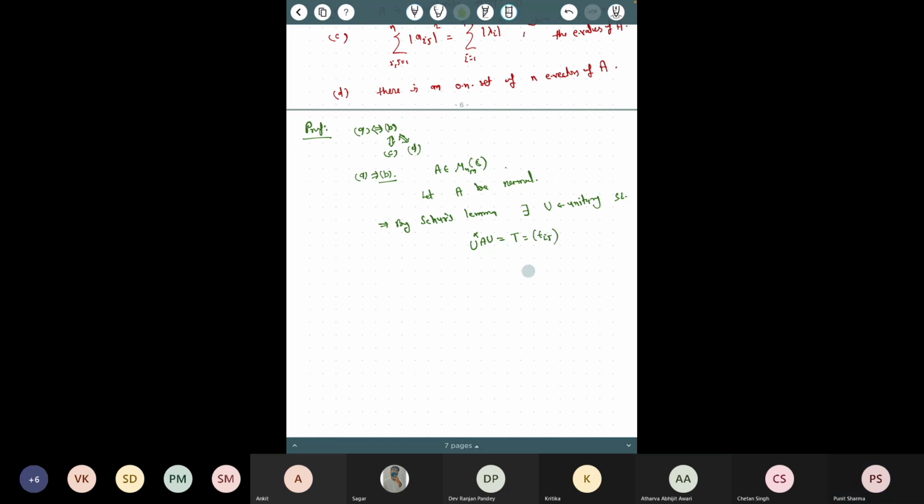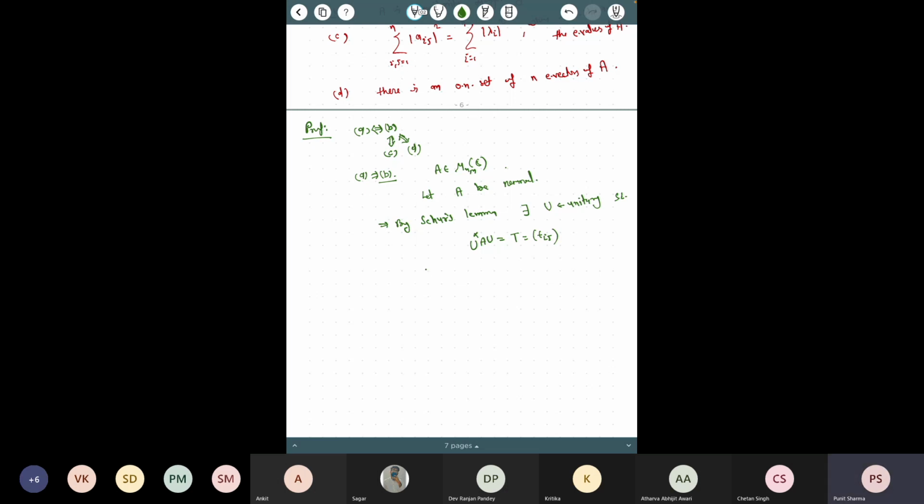Now, if we somehow prove that this T is diagonal, then we are done, because then U star A U is diagonal, so A is unitarily diagonalizable. Right now we know that T is upper triangular, so we have to show that all the off diagonal entries are 0.